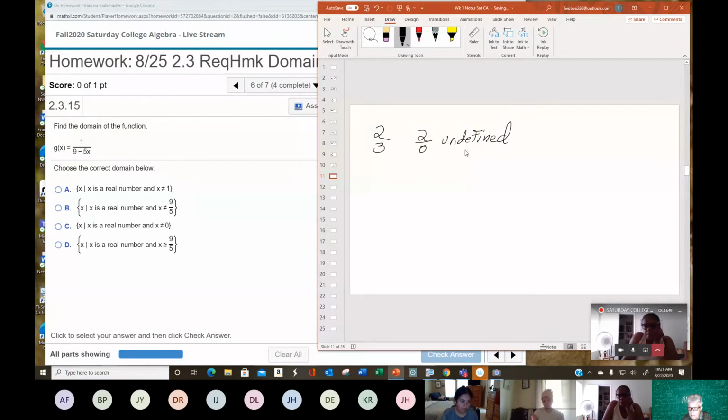Well, it's still undefined. So the domain cannot have numbers in it that make a number undefined, or a letter undefined, or an expression undefined. Here we have a rational function. That's what it's called. Anything with the word rational in it means fraction.